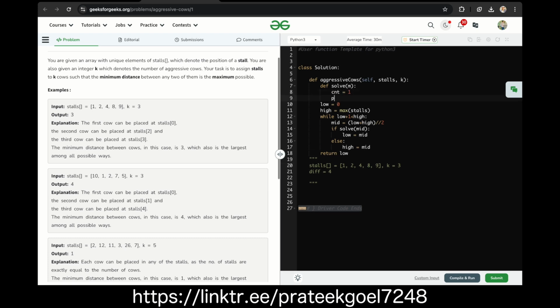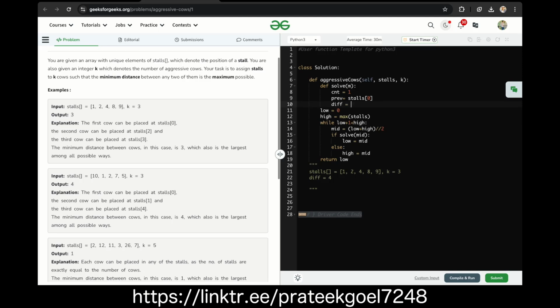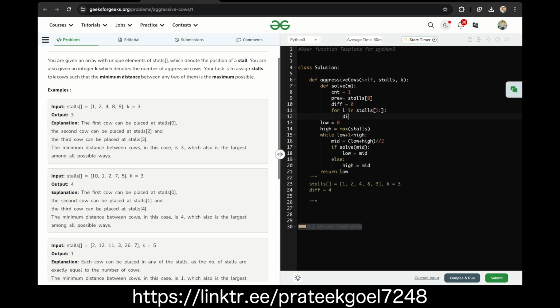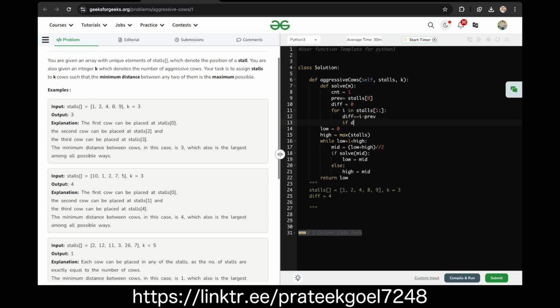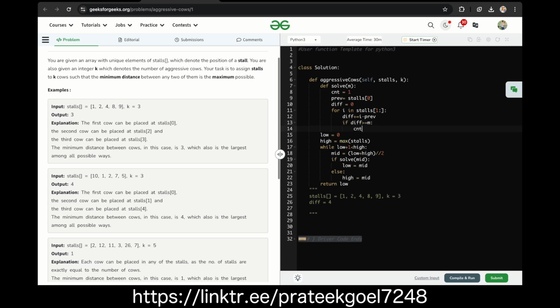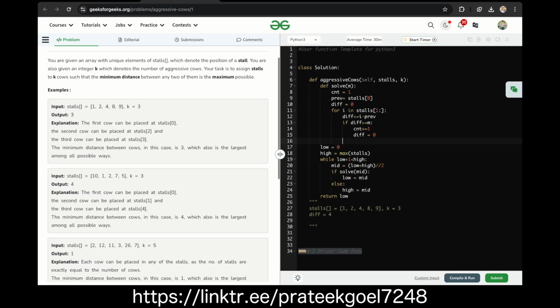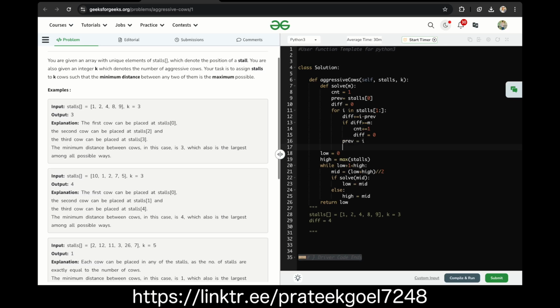Count is 1, previous is stalls of 0, and difference is 0. For i in stalls from 1, difference plus equals i minus previous. If difference is greater than or equal to m, then count plus equals 1, difference becomes 0, and previous points to i.